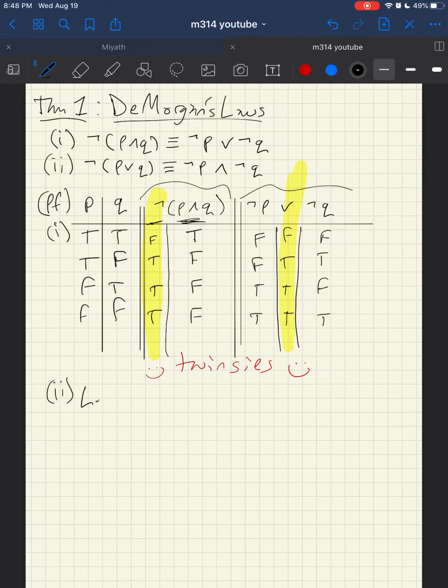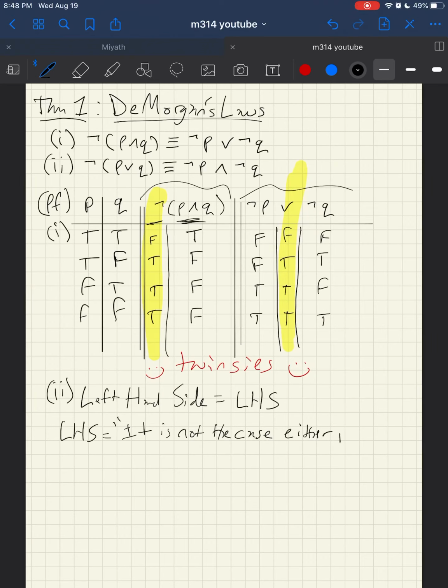The left-hand side, which we often abbreviate LHS, is, in really snooty English, I would say: it is not the case that P or Q. It is not the case that either P or Q or both are true.